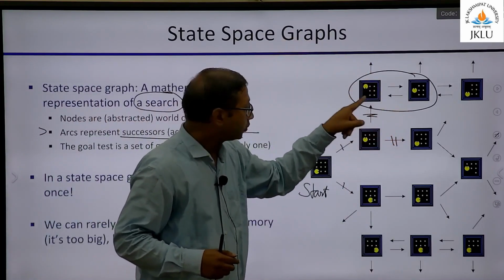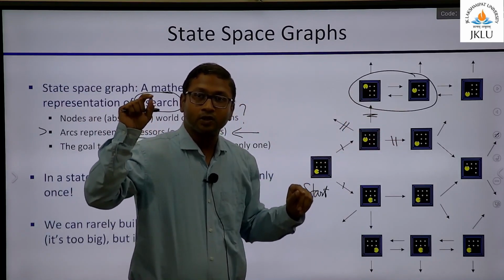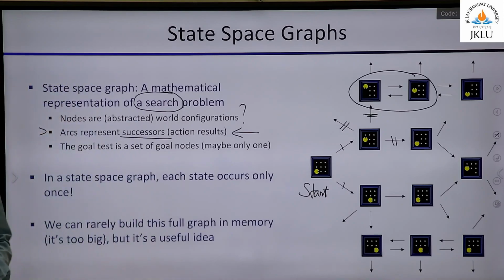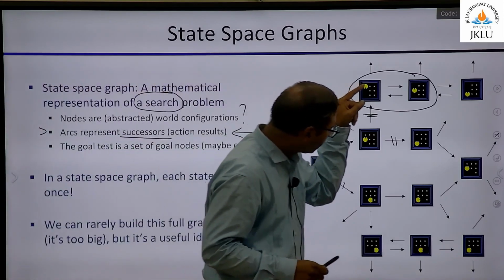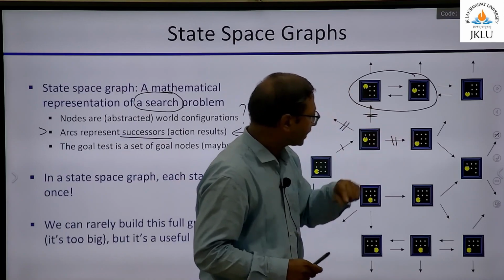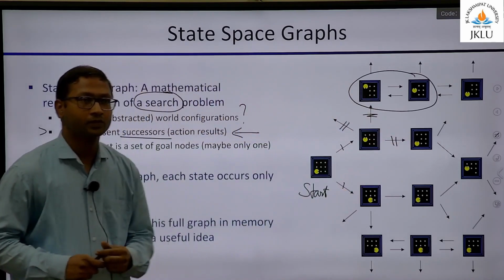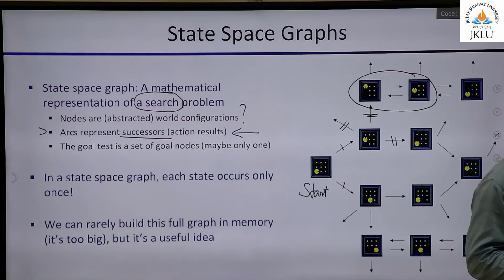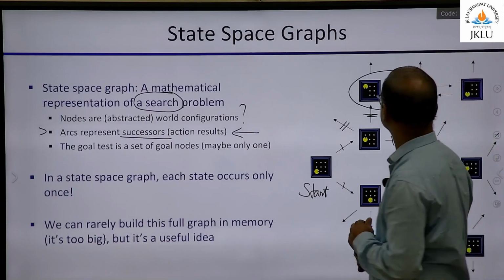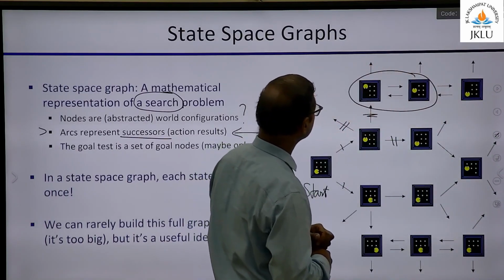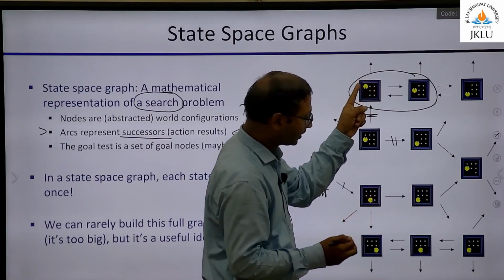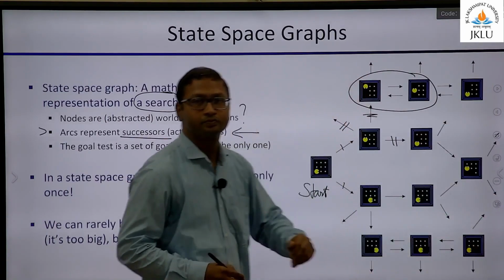So many nodes here. अच्छा एक बात बताओ, can a node repeat? Can you have a node multiple times? By repeat I mean, for example this state, exact this configuration appears somewhere else too.